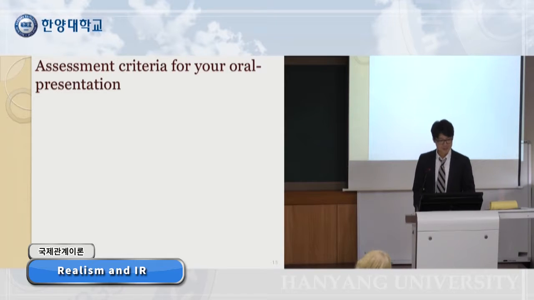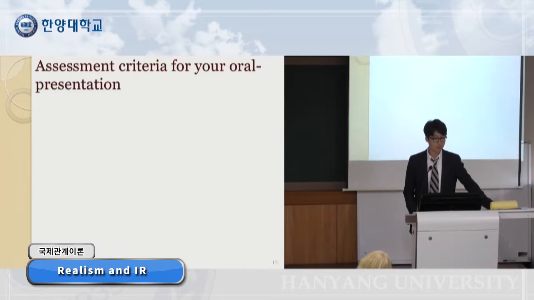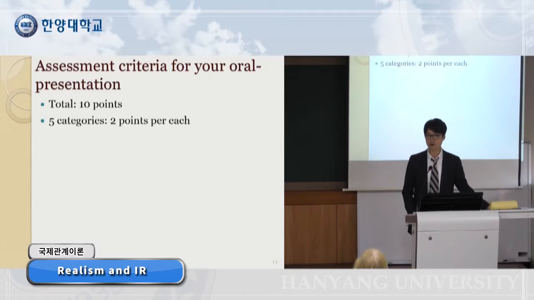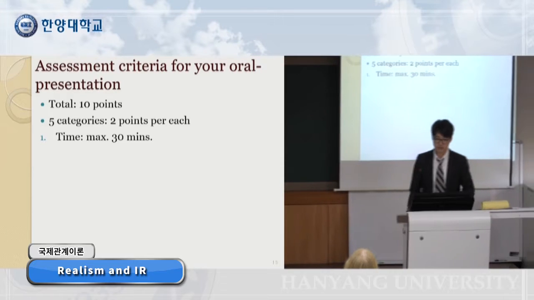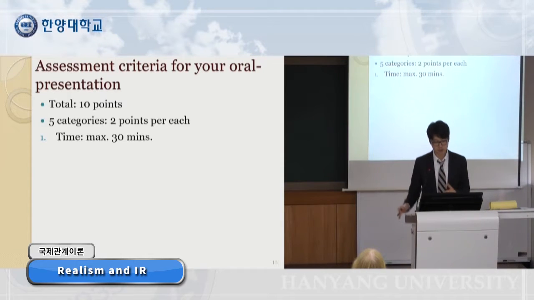알겠지? Assessment criteria for your oral presentation. First, total point, 10 points. The highest point will be 10 points, and we have 5 categories, one point per category. First, time, that's very obvious: your presentation should not be more than 30 minutes.